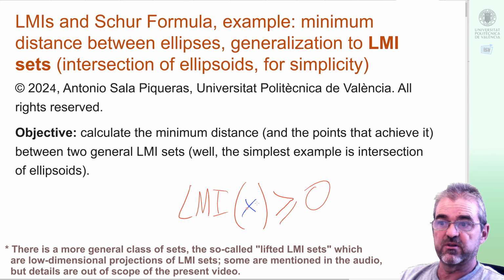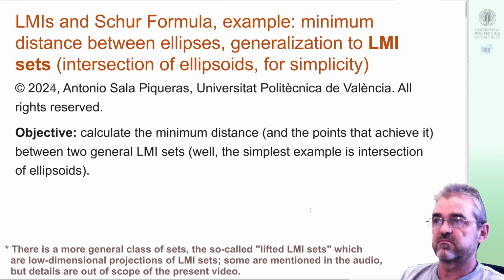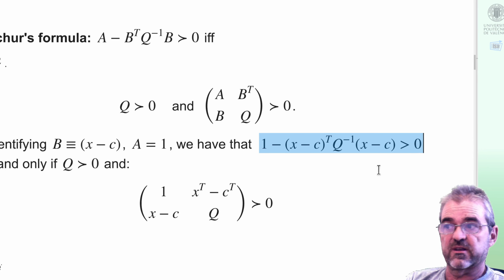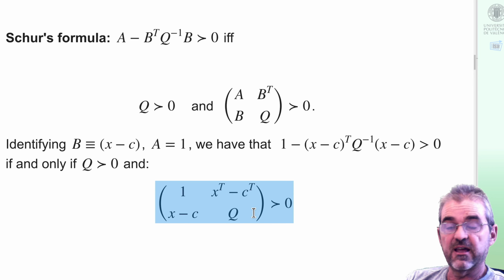So the x points that verify that LMI are a convex set, and ellipses are an LMI set because using the Schur formula, as we did in the previous video, this quadratic inequality was transformed to this linear matrix inequality in decision variable x. So for q and z fixed, the set of points that verify this LMI is an ellipse, but okay, it's a particular case of an LMI set.